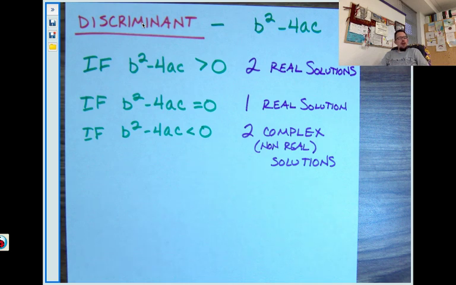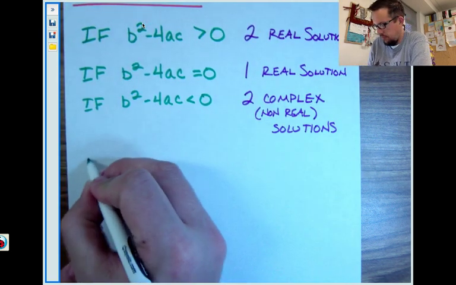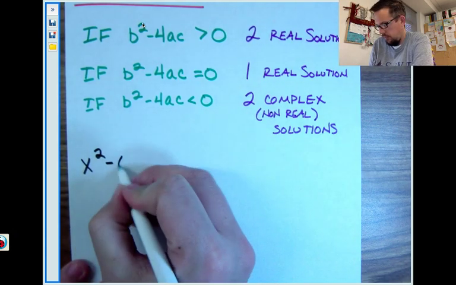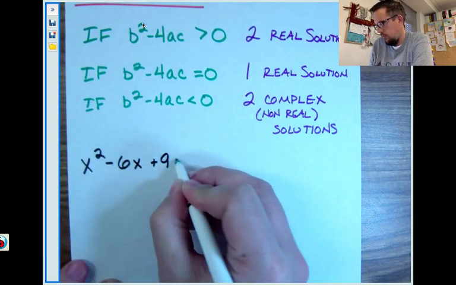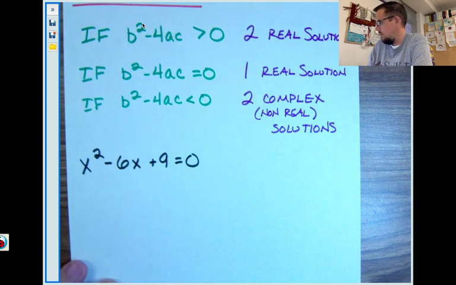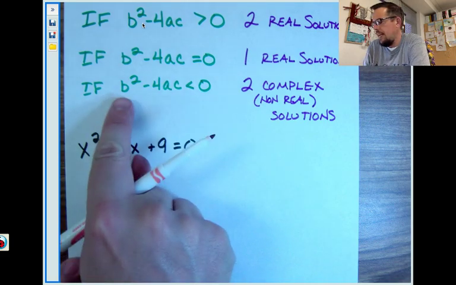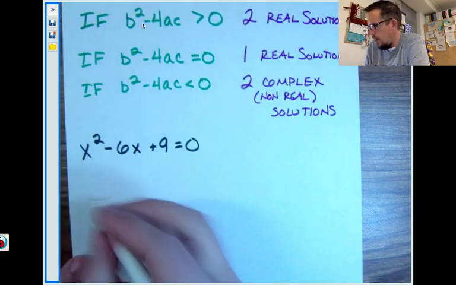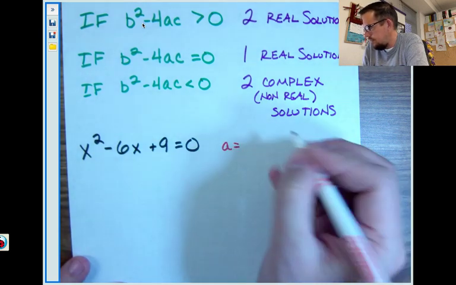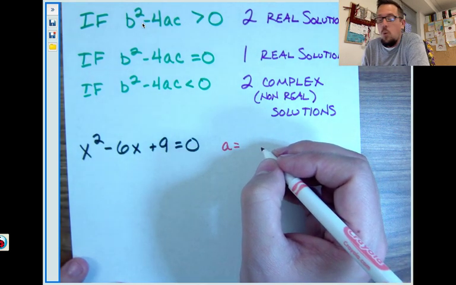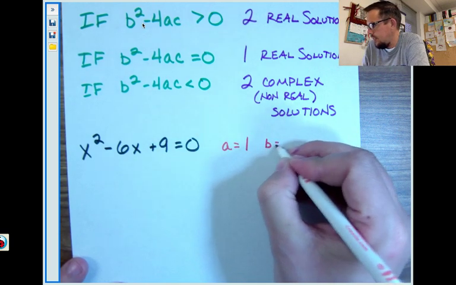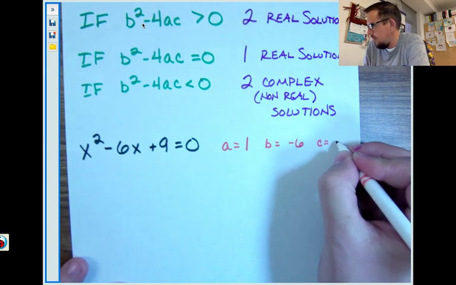Okay, so I'm gonna give you a handful of quadratics here, and I don't want you to solve them. All I want you to tell me is, how many solutions will I have? Okay, so here's the first one. To do the discriminant, I need a, b, and c to plug them in. So a is 1, b is 6, and c is 9.